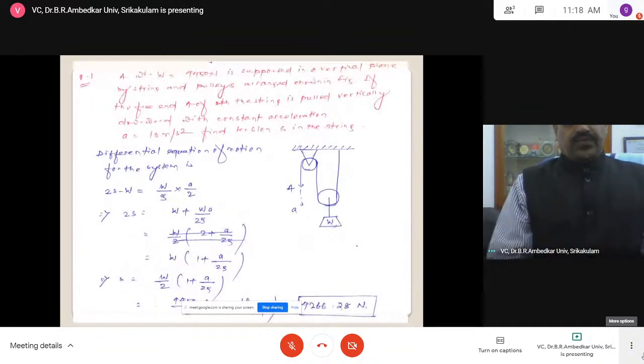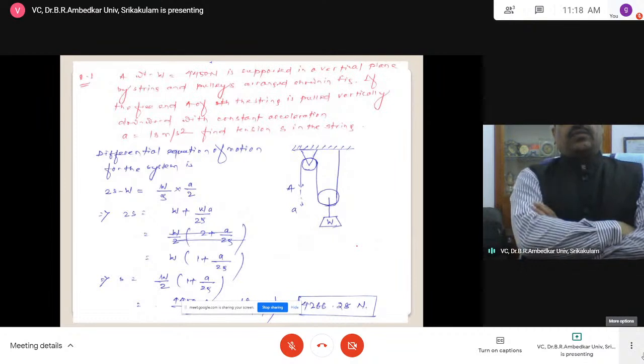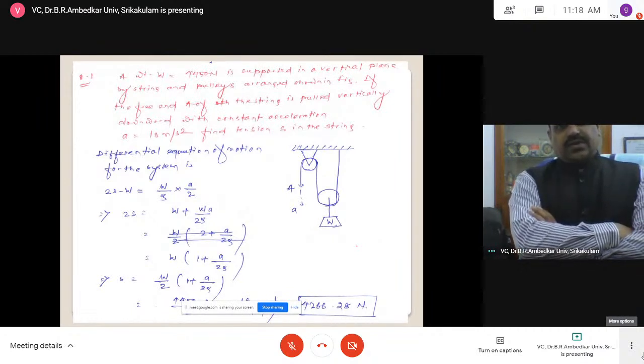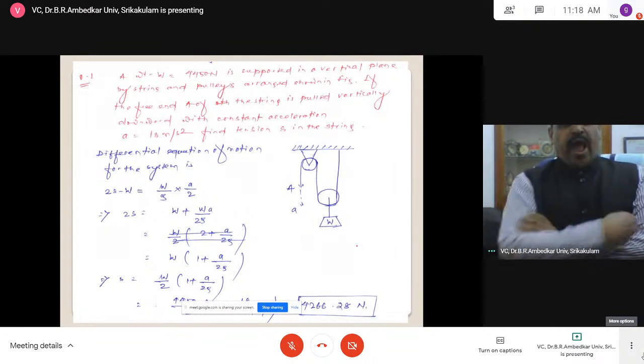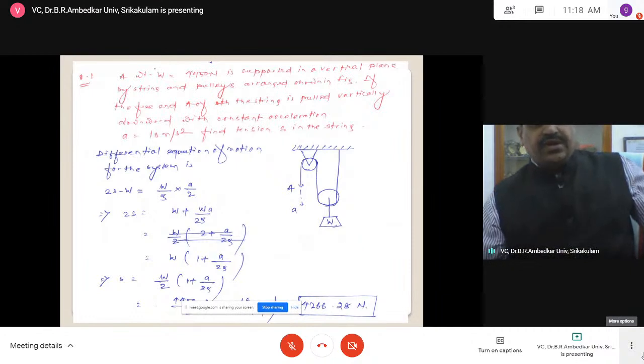Note down. A weight W of 4450 Newton is supported in a vertical plane by a string and pulleys.